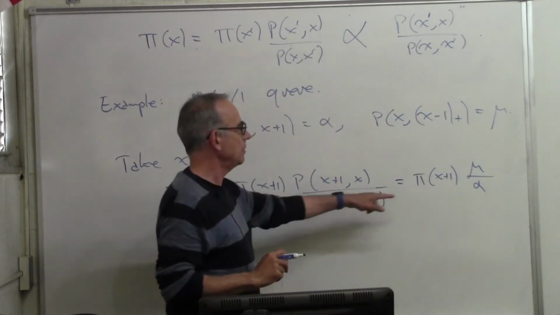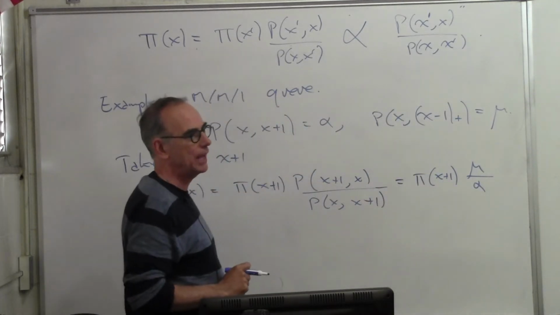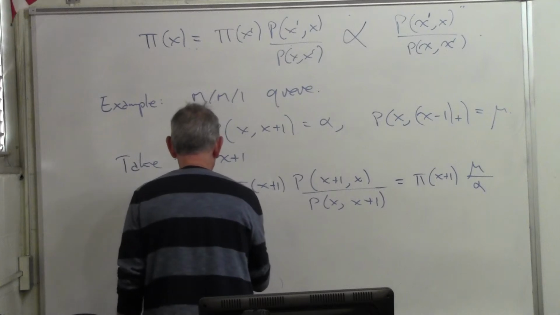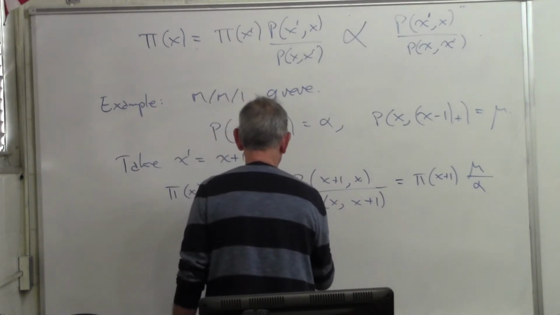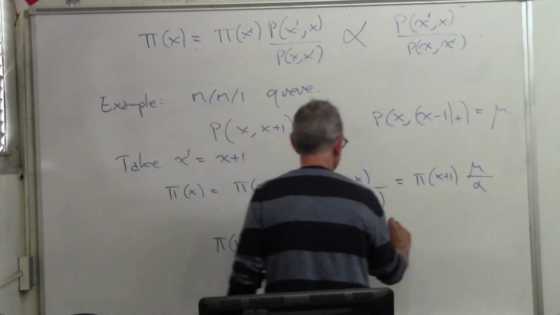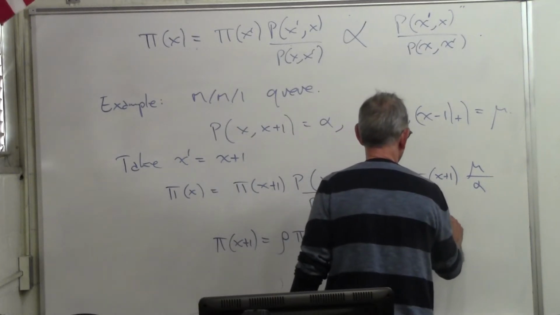And the probability of going up is called alpha. This is saying that the probability of x plus 1 equals rho times p of x, where rho is equal to alpha over mu.